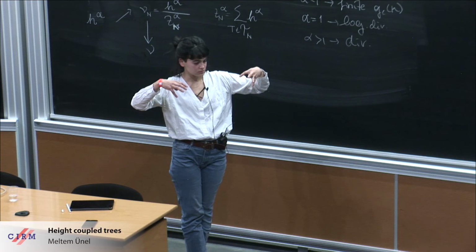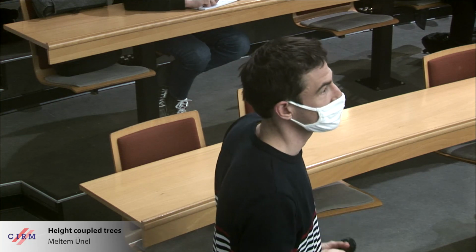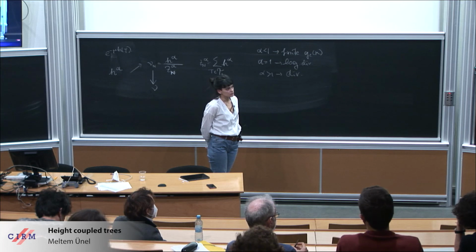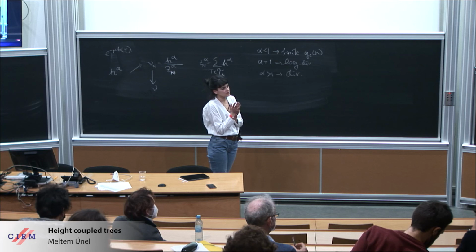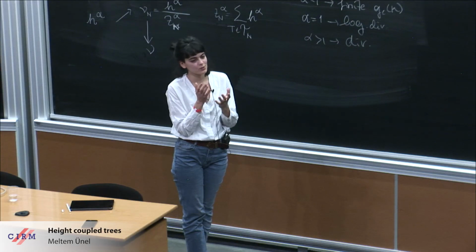I mean, in the definition of the model, you started with plane trees, which corresponds to geometric distribution, but you can ask for Galton-Watson trees together with the height coupling again. Yes, no, we didn't try it for any other offspring distribution, no.